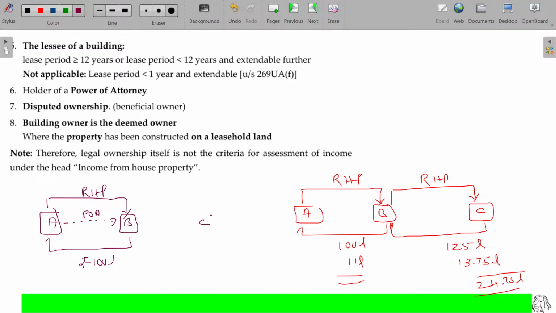Later, B finds one more customer, C. For him, this residential house property is transferred and B gets the money, 125 lakhs. And now finally the registration is done only in the name of C. Then the registration fee in this case is 13.75 lakhs. He saves the registration fee of registering in his own name.